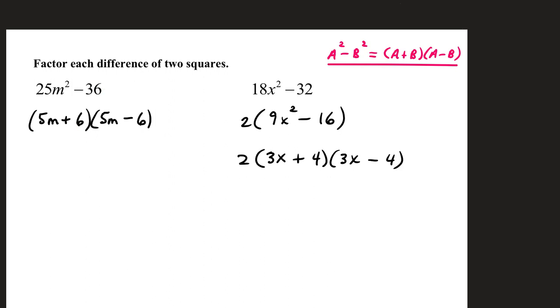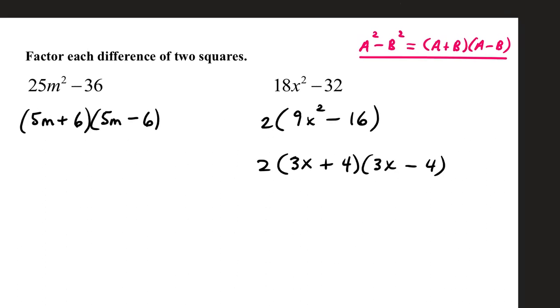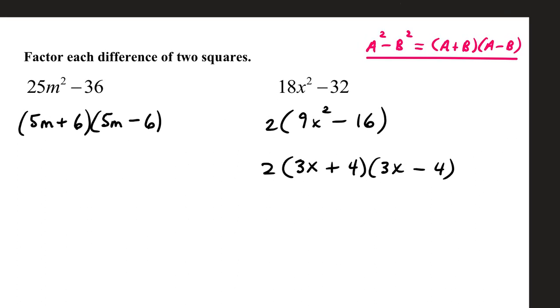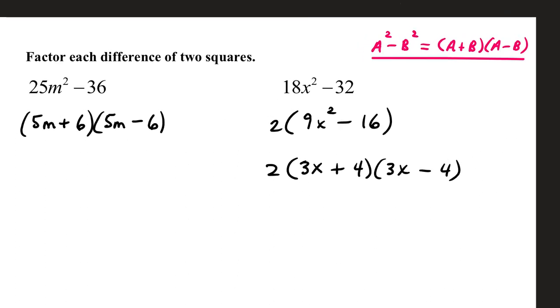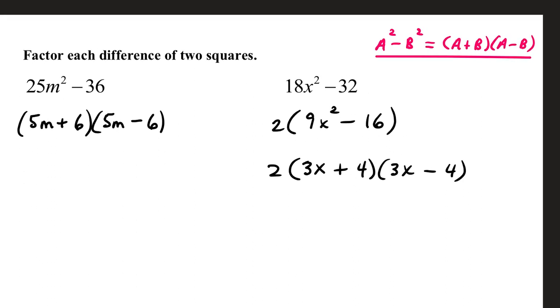A few problems ago, in one of our special products, we saw that if you have two binomials that only differ by sign, then the terms in the middle will fade away. They'll go to 0.